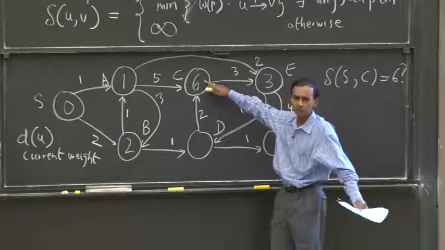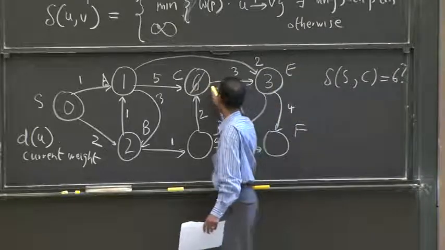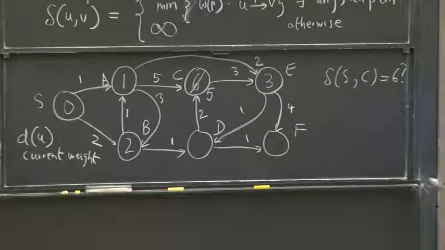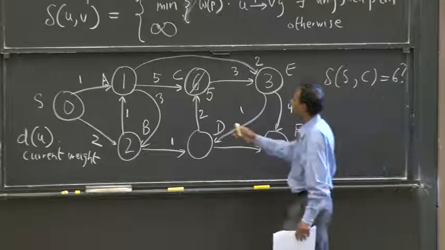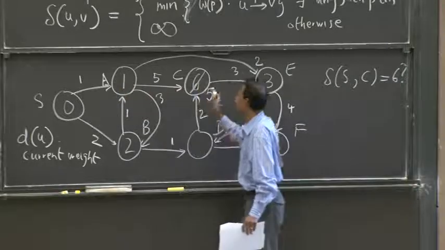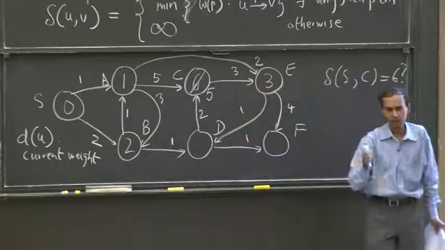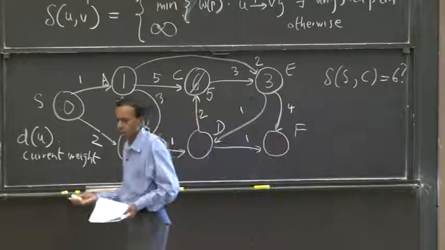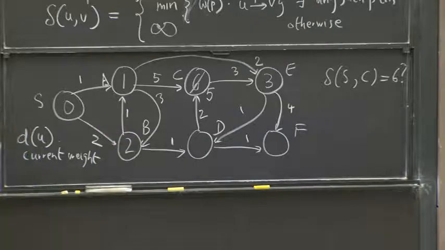And that would give me 5. So that's 5. Can I do better than 5? Not in this graph, okay? So it's not the case that the shortest length path gave you the smallest weight, right? I mean, that was one example of that.